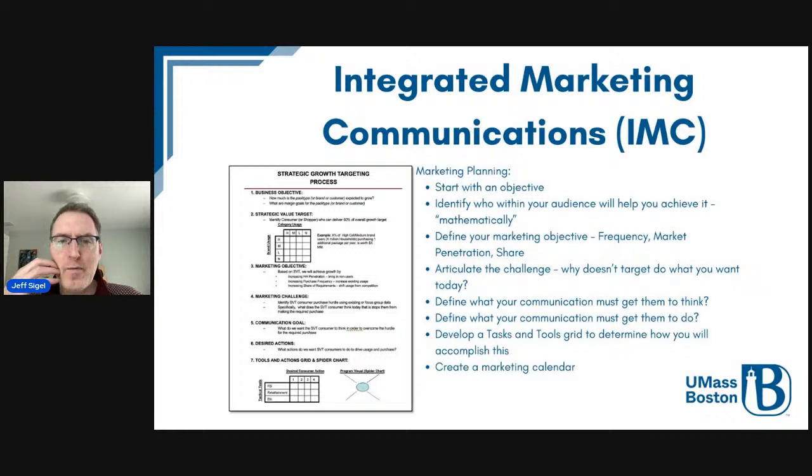And then what we often would do is take all of that and put it in what's called a spider diagram. I will share with you a spider diagram in the next session. The spider diagram was basically a graphical depiction of all the things we were going to be doing around the brand. It was a way of putting everything on one page, so I can look at it and ask, are all these things delivering a common message? What I want to see is not necessarily that everything is exactly the same, but I want to see Oreos and milk everywhere.